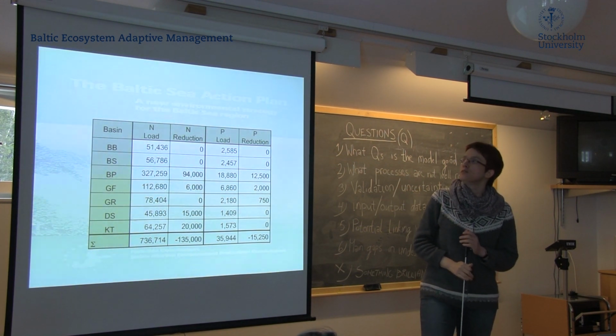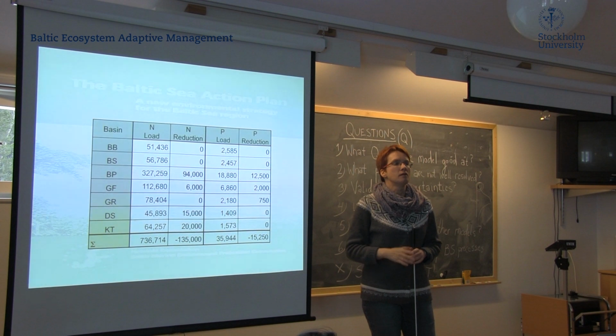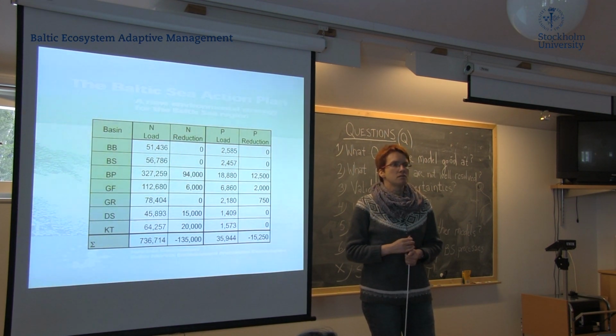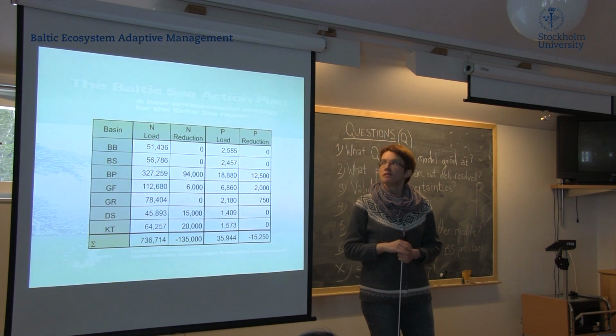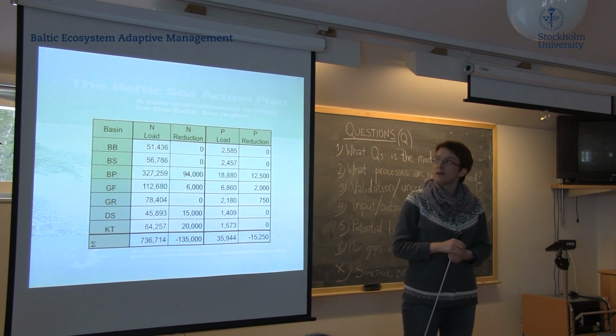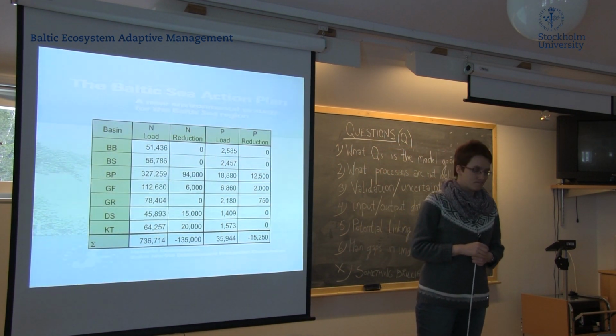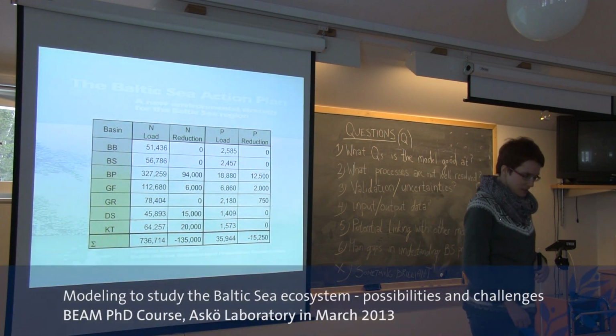So this is serious business in modeling, and it also has serious consequences, because it's really a requirement to the countries in the Baltic to reduce nutrient loads according to what we have calculated in our model. Okay, so that's it.